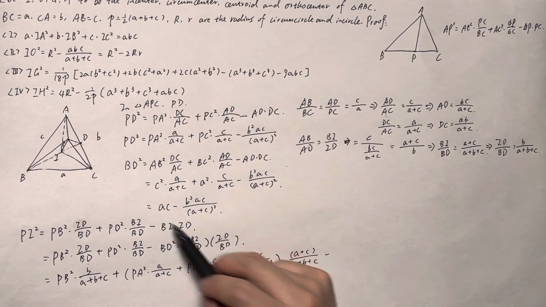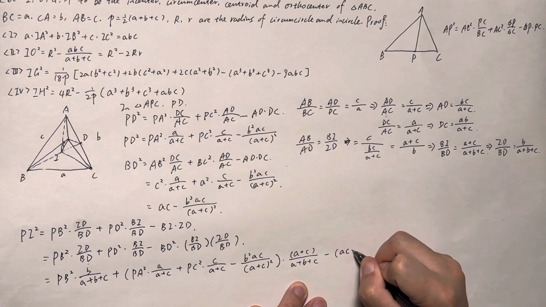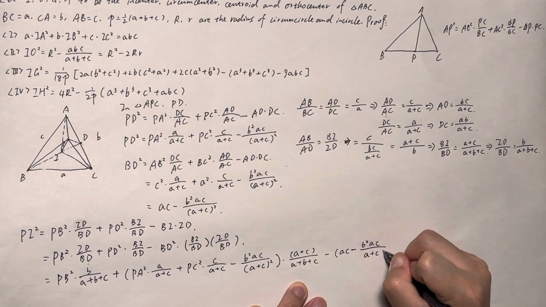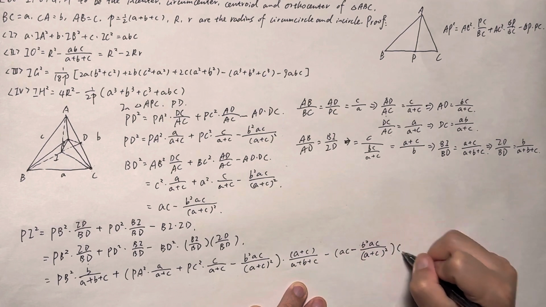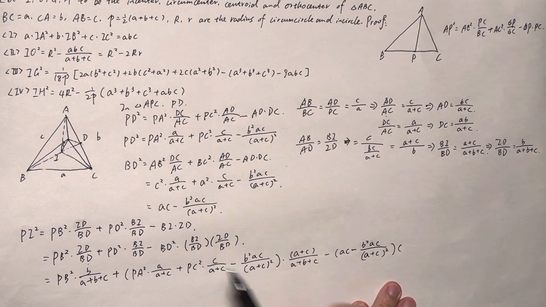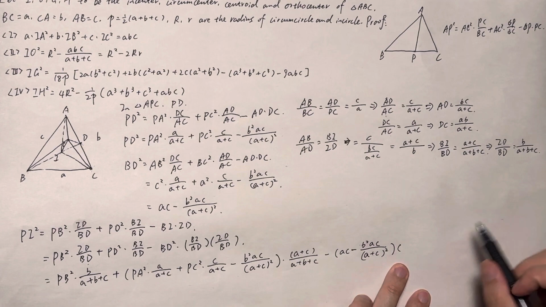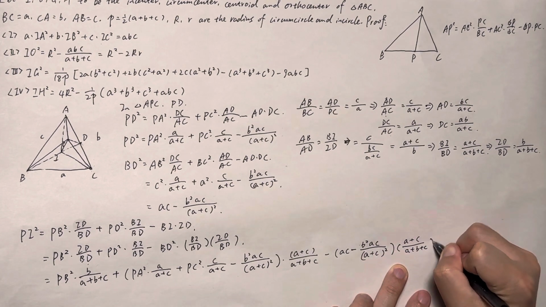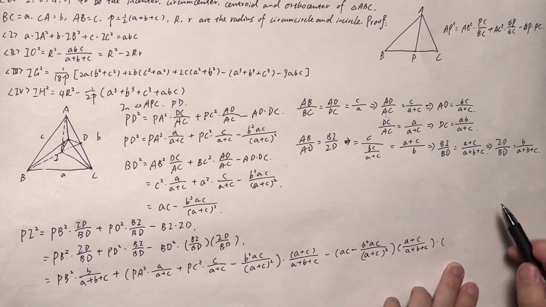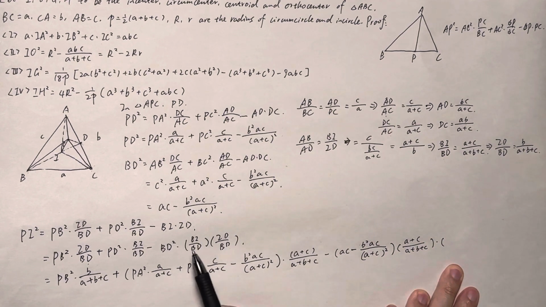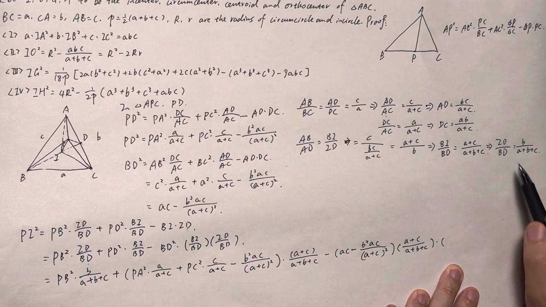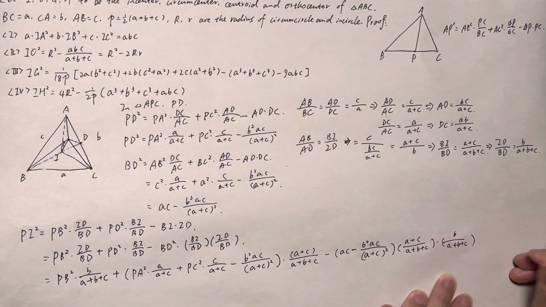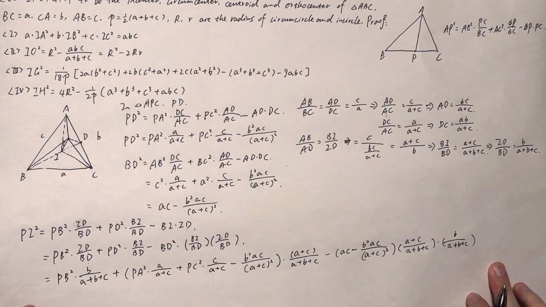BD squared is this one. AC minus B squared AC to A plus C squared times BI to BD. BI to BD, that's A plus C divided by A plus B plus C times ID to BD. So B divided by A plus B plus C. Right.